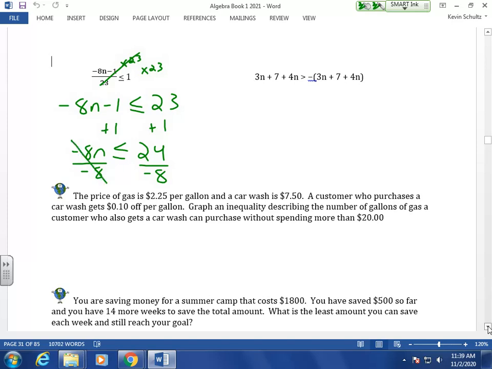On the left side it cancels out. Our inequality symbol flips, becomes greater than, and we get n is greater than or equal to negative 3. Our graph is a closed circle at negative 3 going to the right, and there we have it. Okay?